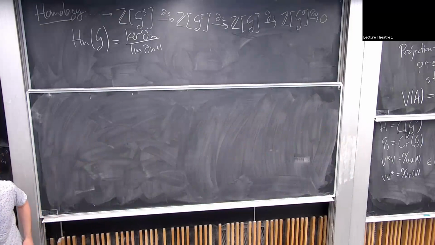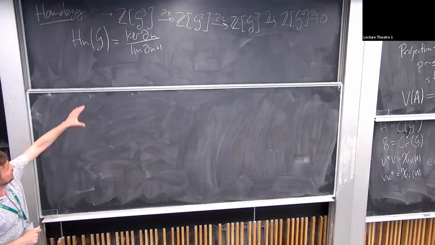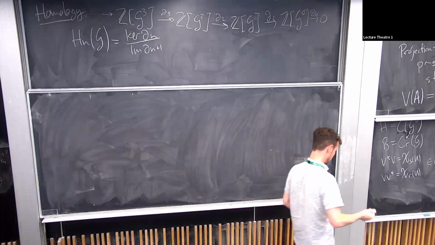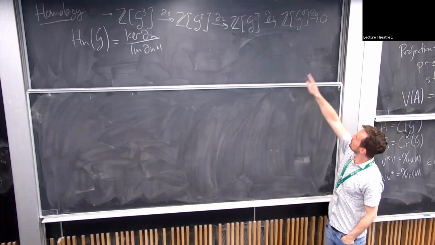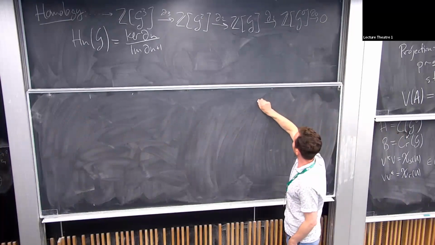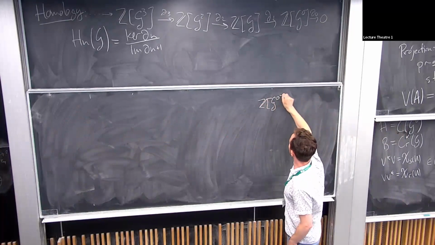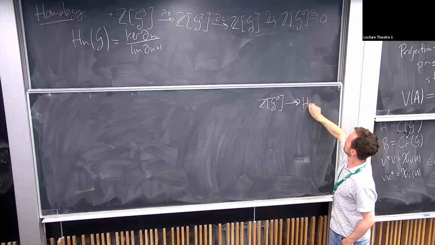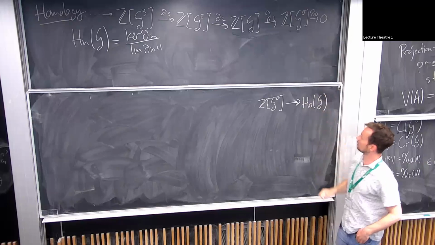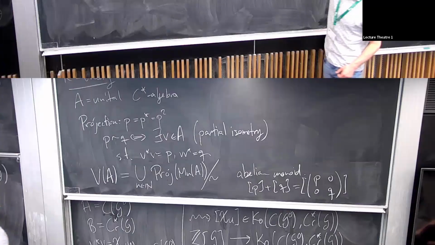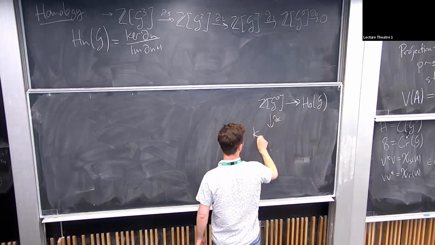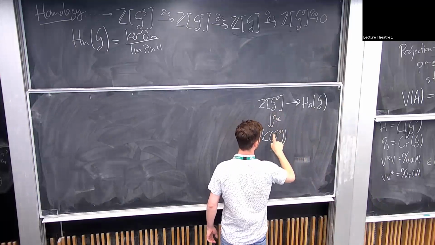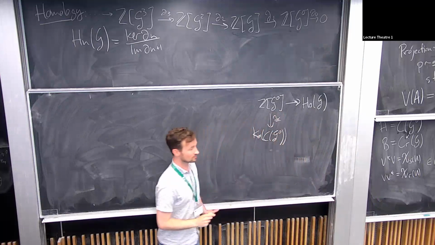What I will do is explain how this fits in with what we did. Imagine that I've got this ZG0, and this surjects by definition to H0 of G. And we also had this isomorphism that I mentioned that goes to the K0 group of G0.